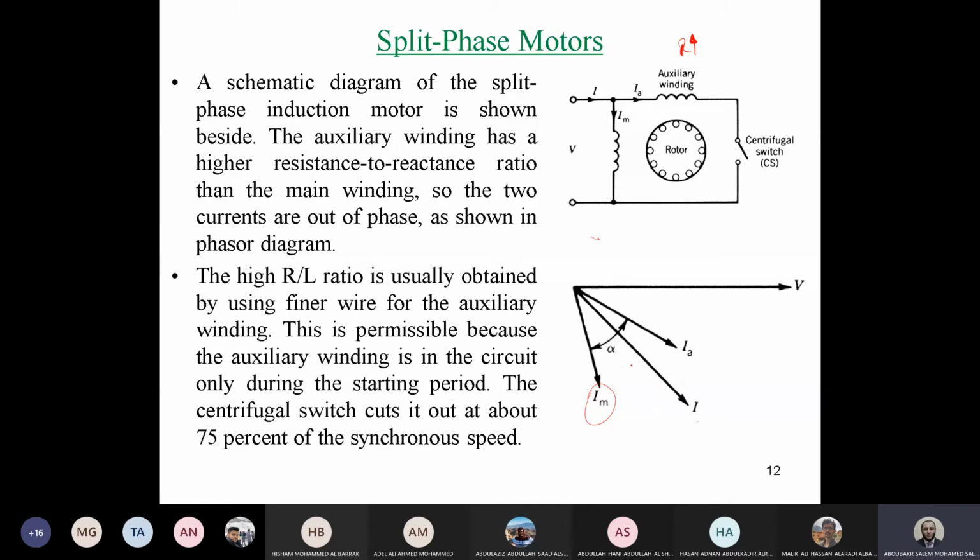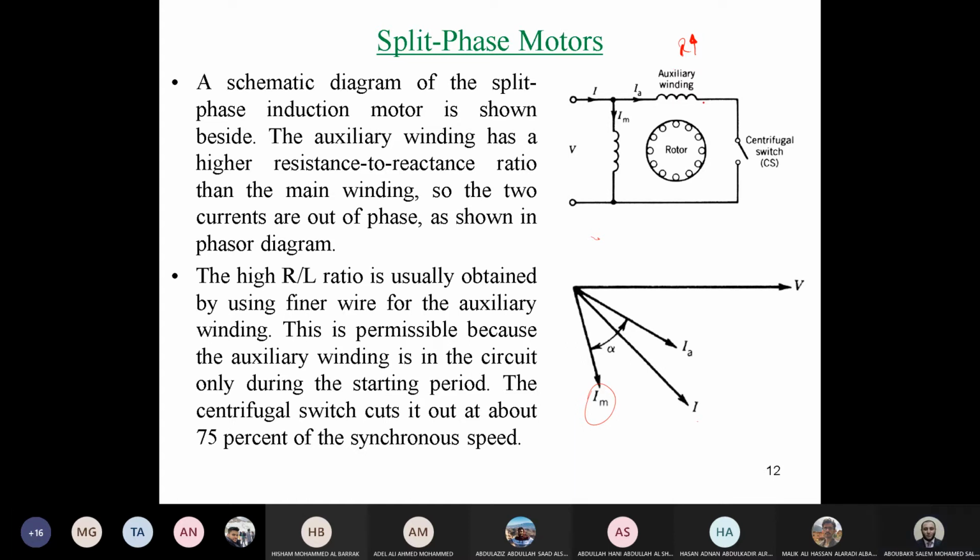However, we have another problem. This resistance is high, which means that, besides the efficiency, you will have another problem. You know the copper losses will be high, this is right. However, this winding is not designed to operate for a long time. It's only designed to operate the motor for a certain period in starting.